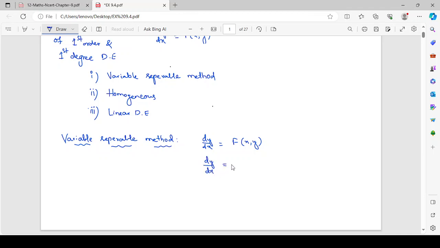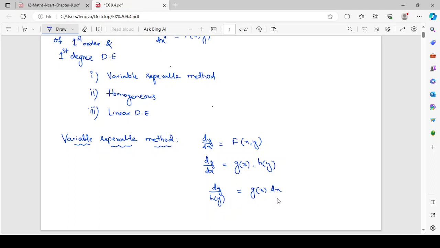For the first order first degree differential equation, how do we solve with the variable separable method? Let us see. Here, if f of x, y can be written as g of x into h of y, that is, if you can split it as a function in x and a function in y, then we can go ahead with this method. In that case, we can continue with dy upon h of y equals g of x into dx. Can you see now the variables are separated?